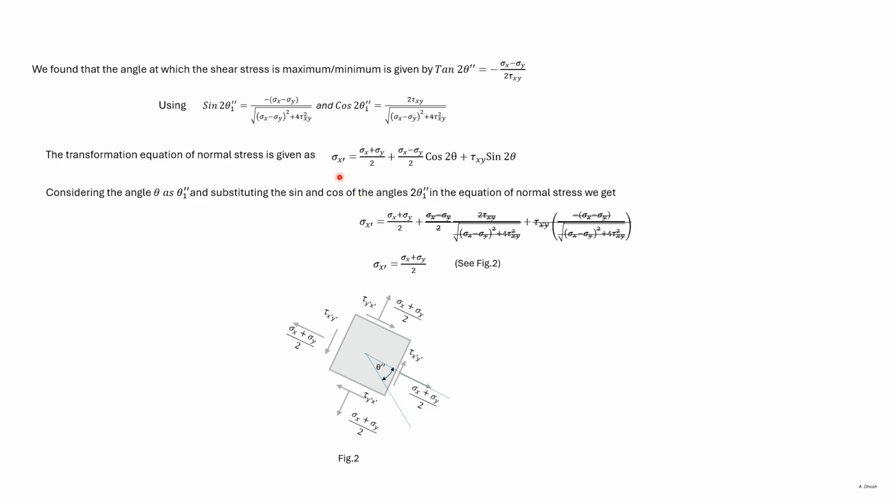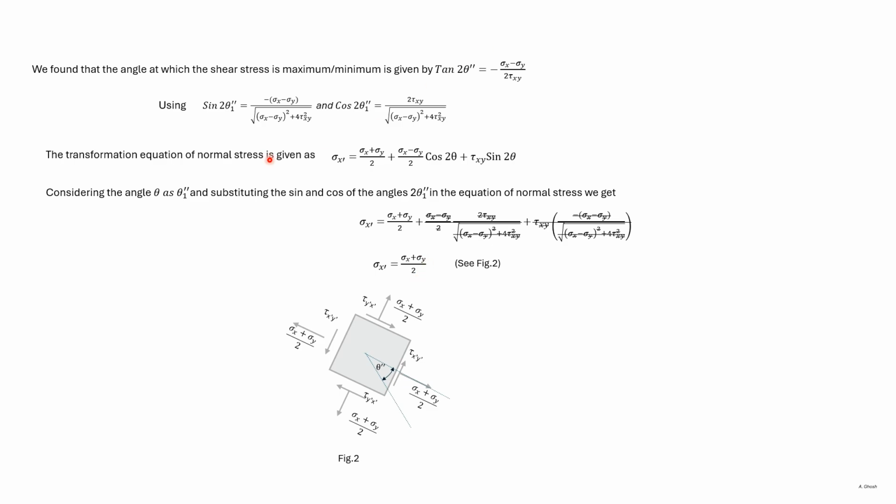The transformation of sigma x dash with theta was earlier determined to be given by this expression. Considering theta here as theta double dash 1, we substitute the cos and the sine value. Substituting the cos and sine value, we get sigma x dash as equal to sigma x plus sigma y divided by 2.